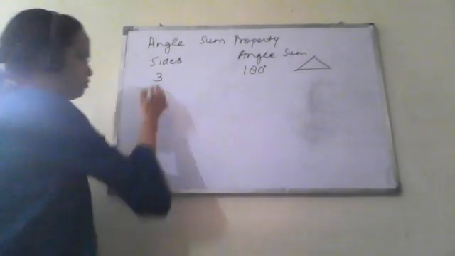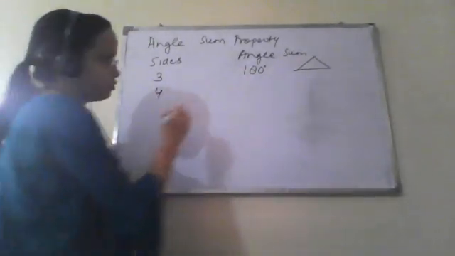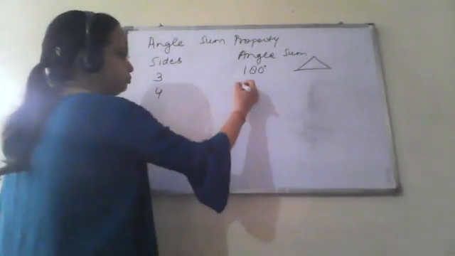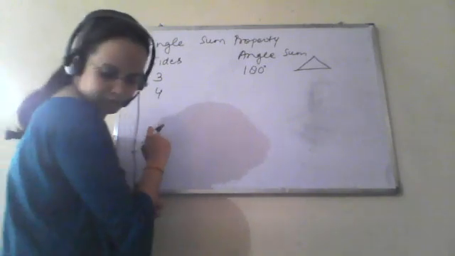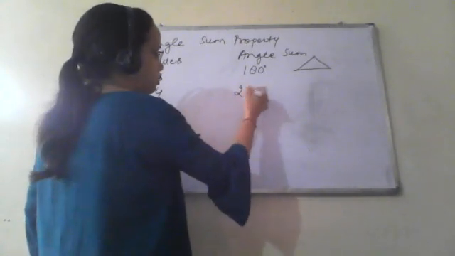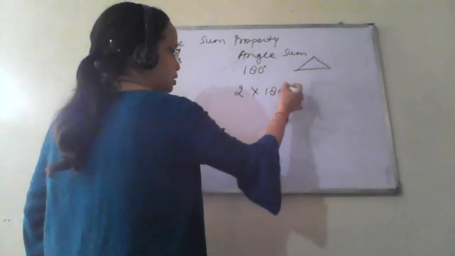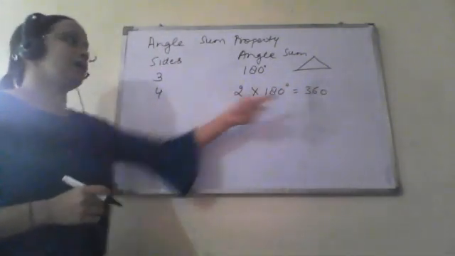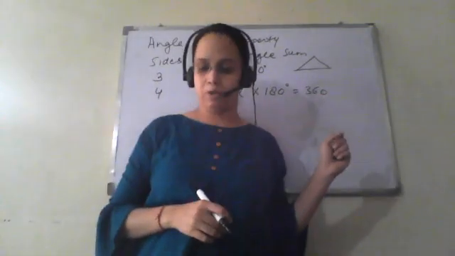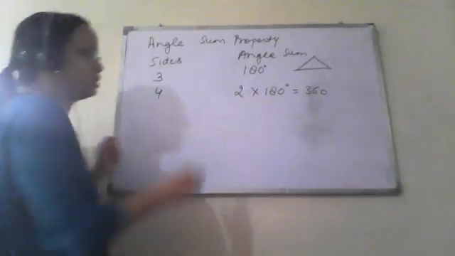If the number of sides is 4, we multiply 2 into 180 degrees, so that is 360 degrees. So in the case of quadrilaterals, the sum of interior angles will be 360 degrees.